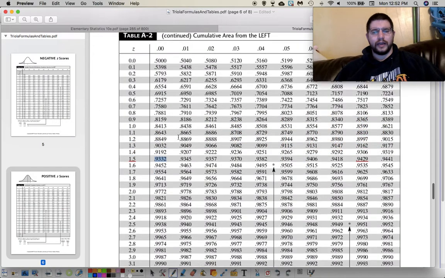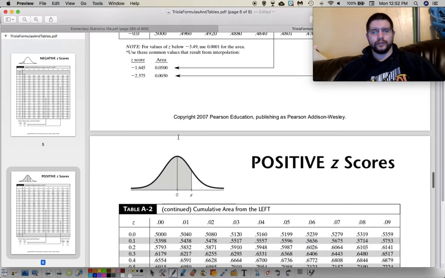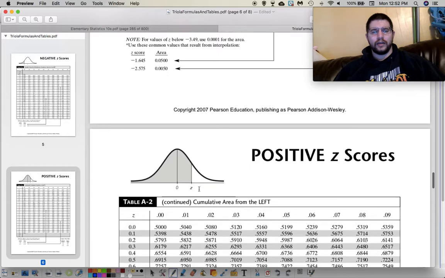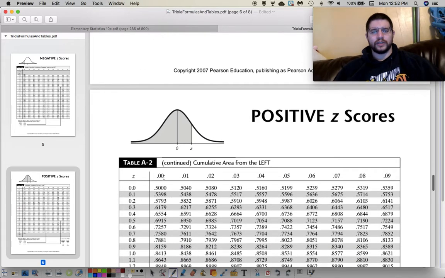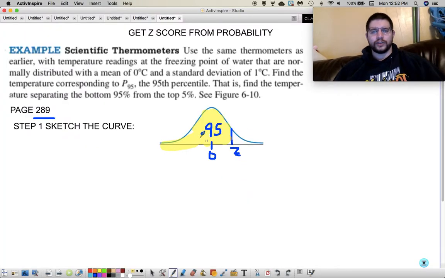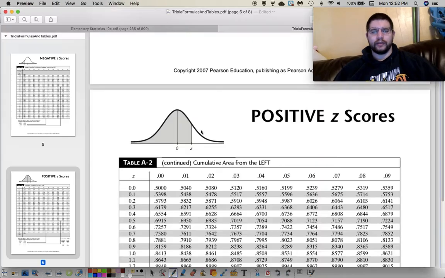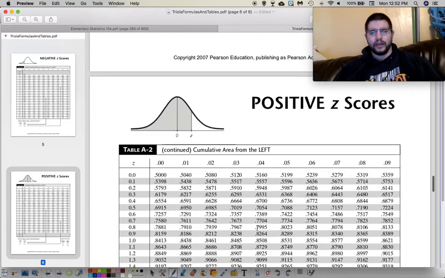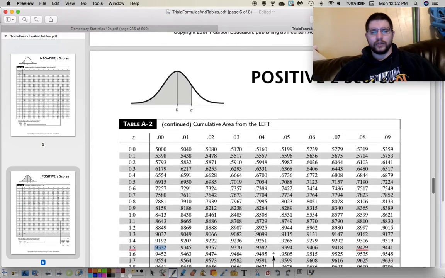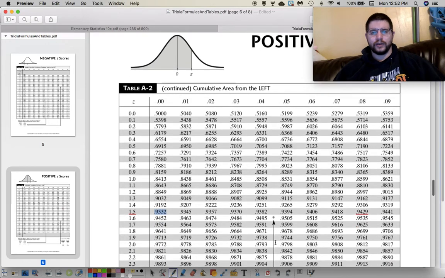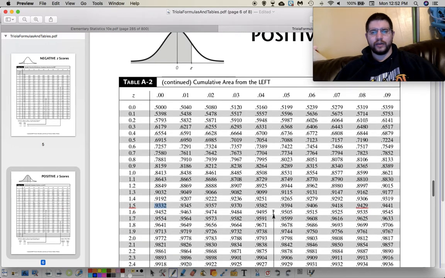So let's look at the positive z-scores. And instead of looking for a certain z-score, we're going to look for a certain probability, 0.95. So I'm going to look in here until I find 0.95. It does increase as we go, so it's going up, up, up, up. Then it goes to the next line, up, up, up. So right here, somewhere between here, oh, hey, look, there's an asterisk.